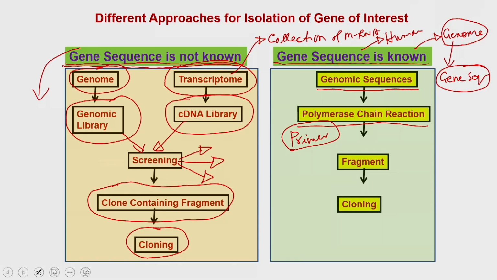By this you are going to get the PCR product, and then you can put this PCR product into the cloning vector or the overexpression vector, and subsequently use these clones for downstream applications.